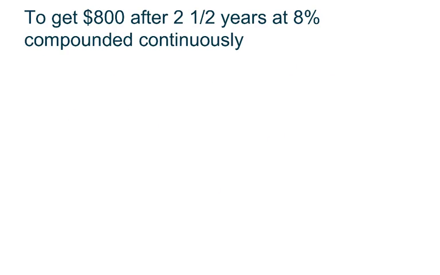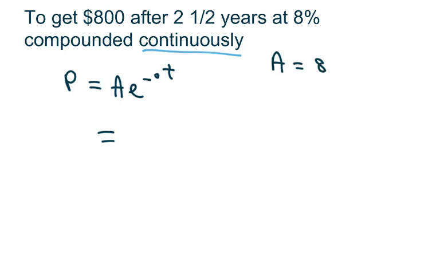Alright, and to get 800, and this is compounded continuously, so we're going to use this formula. P equals A times e to the negative rt. So let's write it down. A is 800, R equals 0.08, and T equals 2.5.